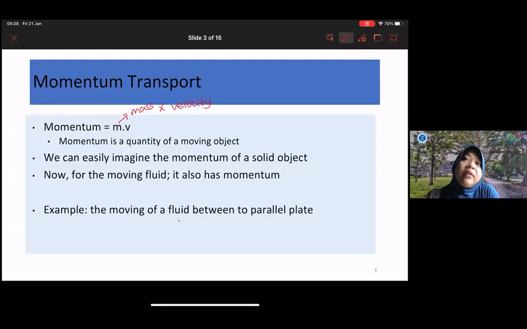For example, a river has momentum. The flow of fluids in a pipe, or a waterfall, or in this case, the moving of fluids between parallel plates. That's also momentum, because the fluid has a velocity.